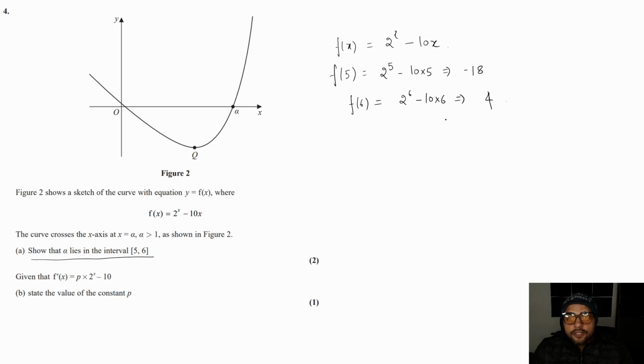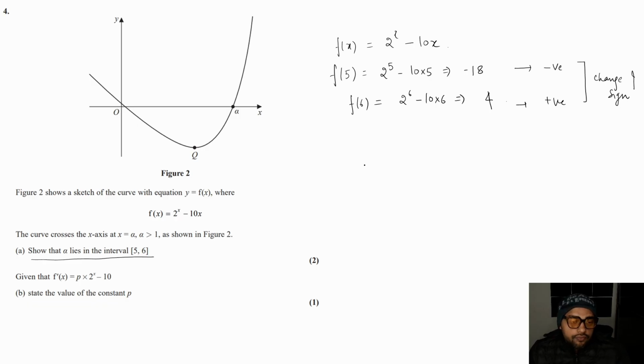So here we can say that on plugging in the numbers given in the interval, that is 5 and 6, we are getting one as a negative number and one as a positive number. So here we can see that there is a change of sign.